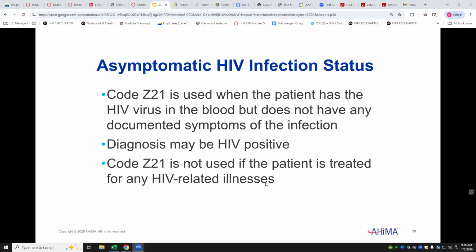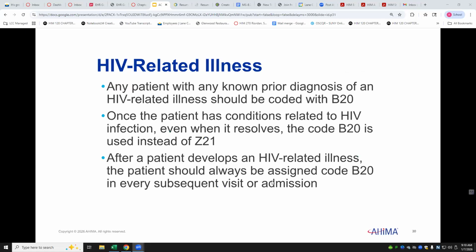You can't code B20 and Z21. Again, you either have the disease or you don't. And if a patient has any known prior diagnosis of HIV illness, they should be coded with B20. Once you are coded with B20, you stay with B20.